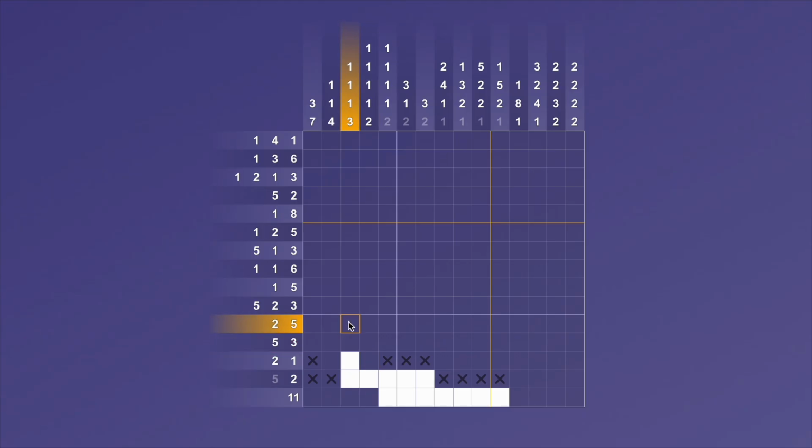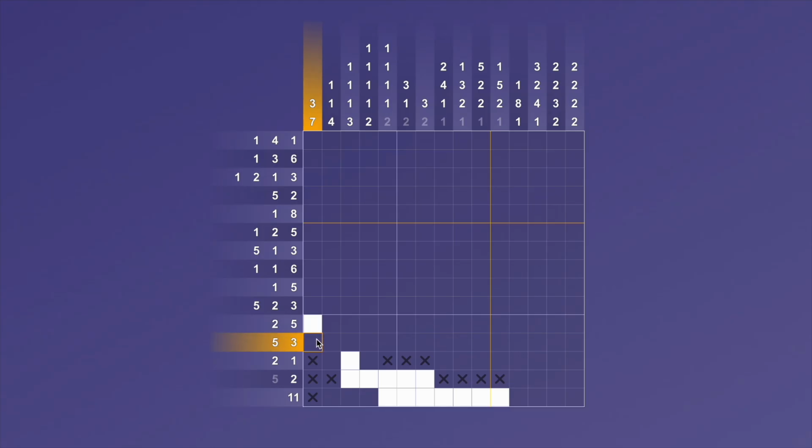Okay, now I'm going to look around. Let's see. In this first column, I have a 3 plus a 7, which makes 10, and the X in between makes 11. I know that the 7 can't fit down here, so I'm going to put an X. So if we start at the top, we have 5, 10, 11.